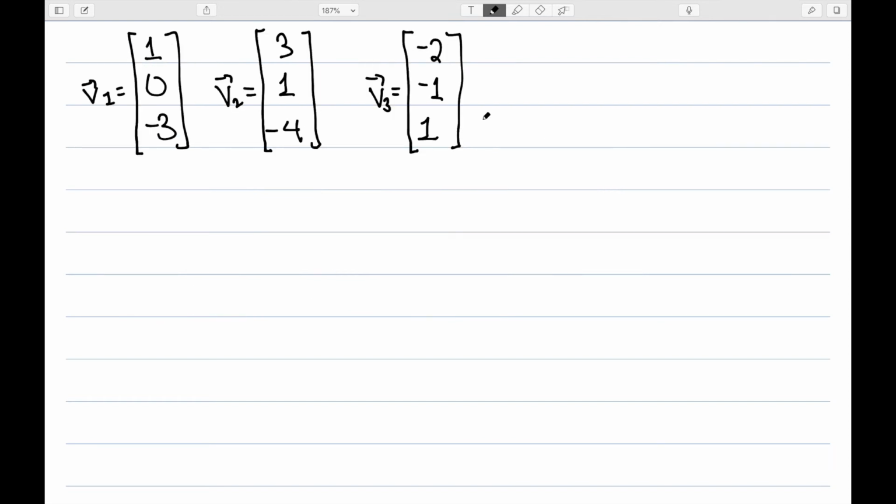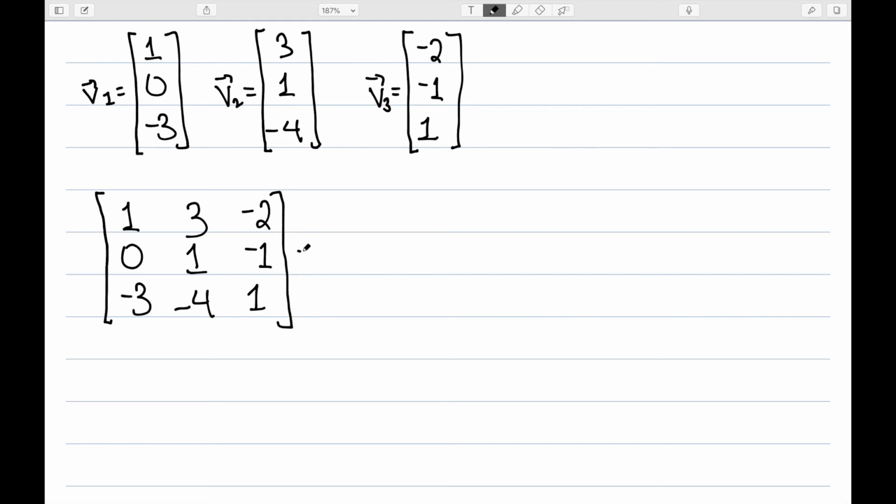Here I have 3 vectors, and I want to find a basis and the dimension of the subspace of R3 that's spanned by these vectors. In order to do that, I'm going to start by putting them in a matrix. That's 1, 0, minus 3, 3, 1, minus 4, and minus 2, minus 1, 1. And then I'm going to row reduce.